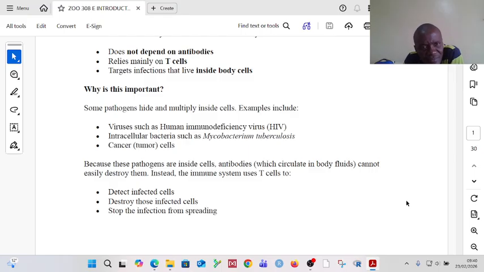Then another example are the cancerous cells, okay? The cancer cells, the tumor cells.